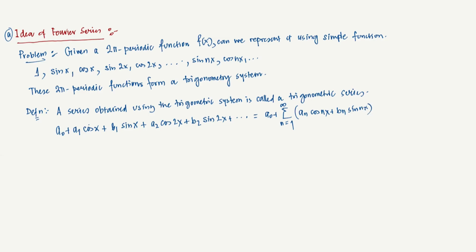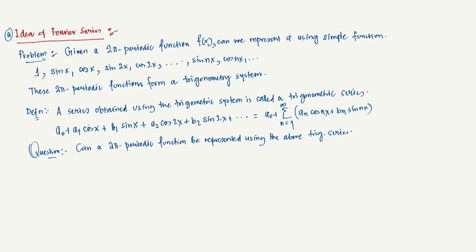Clear? Now the question is this: can we represent f of x using this series? What do I mean by this? Can a 2 pi periodic function be represented using the above trigonometric series?